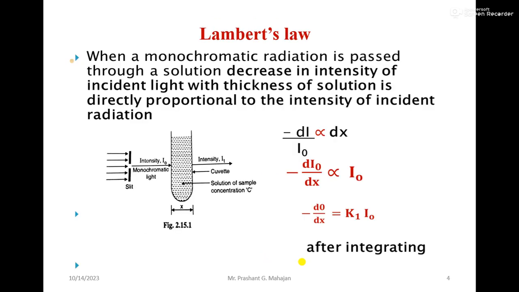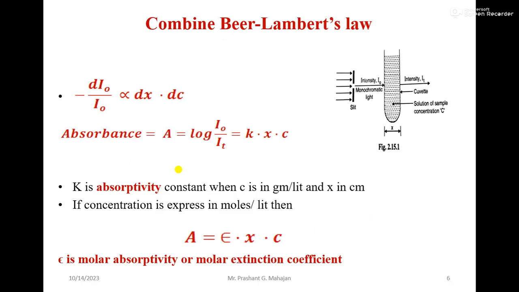In the case of Lambert's law, it depends on the thickness or path length of the solution. As the path length increases, the intensity of incident radiation decreases. The next is the combined Beer-Lambert law. It tells that the decrease in the intensity of incident radiation is directly proportional to the thickness and concentration of the solution.